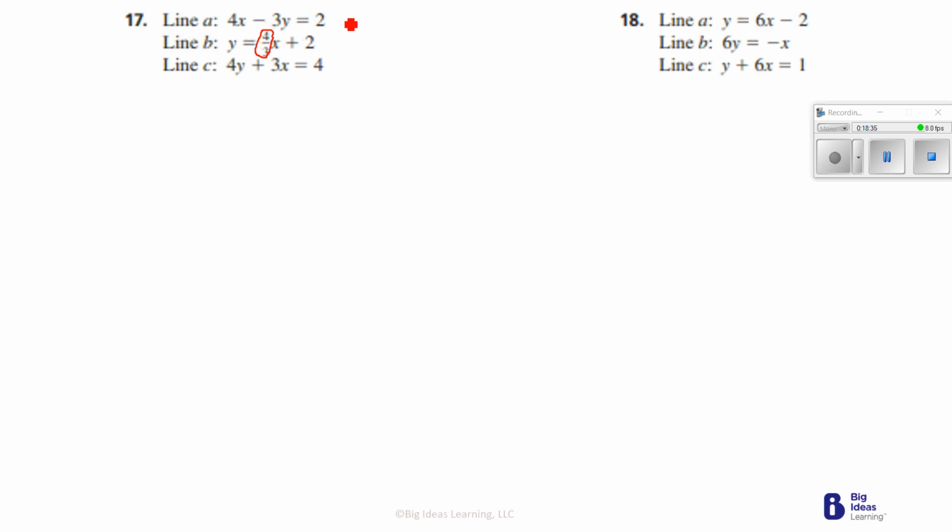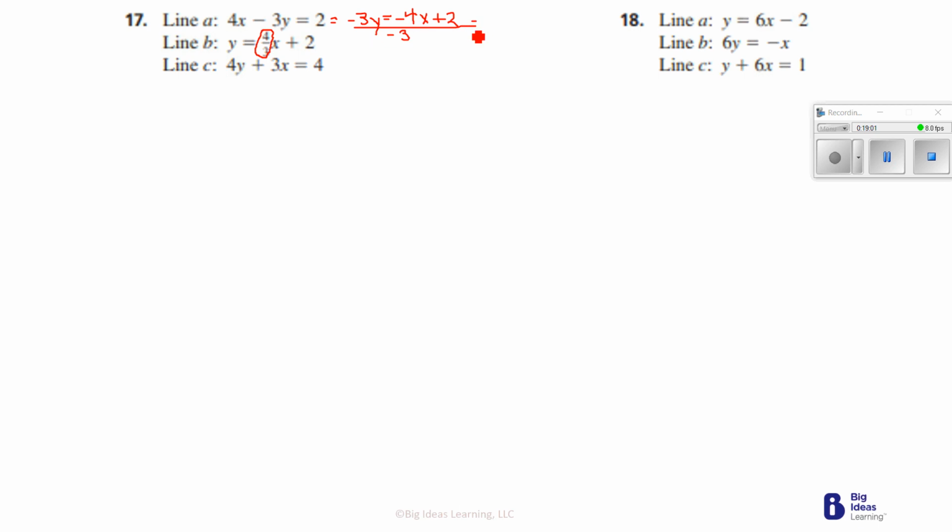But over here, this is going to be equal to -3y. And then when I move this over to the opposite side, it would be -4x plus 2. Okay? I'm going to be adding 4x to both sides. And then I've got to divide by -3.